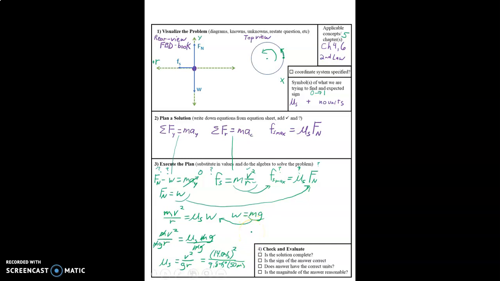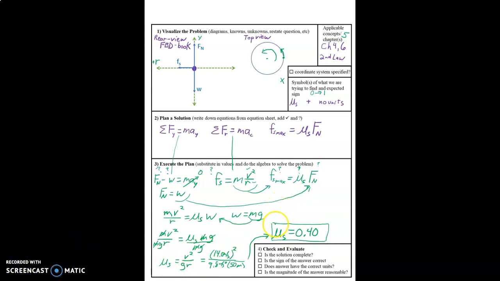Now we'll calculate this. 14 squared divided by 9.8 divided by 50, 0.4. So I kind of ran out of room there. I'll just put an arrow. I understand that sometimes your solutions are not always going to fit in a nice pattern, but if you just use some arrows, it really helps the person reading it to understand what's going on.